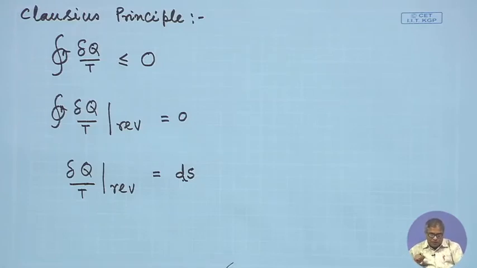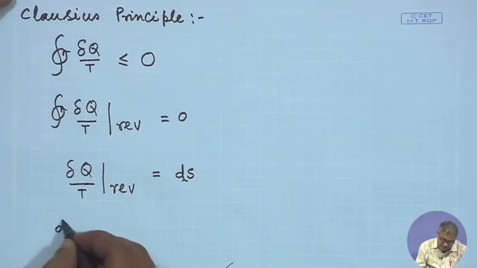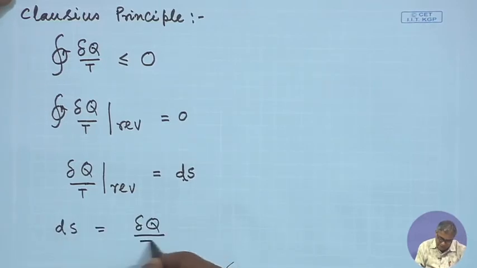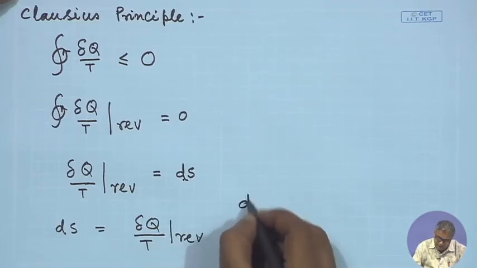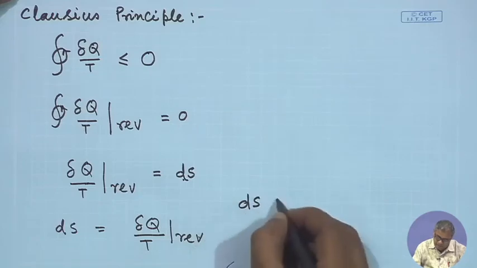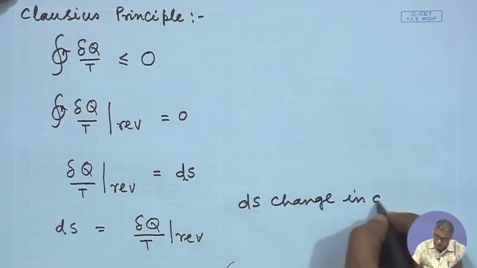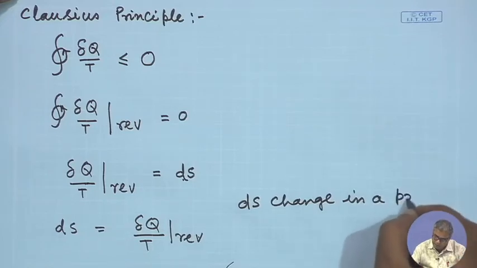So, then for a process dq by T reversible will be change of some sort of a point function, and I am denoting it by S. So, this is equal to dS, or I can write dS is equal to dq by T reversible. Let me write dS, change in a property.